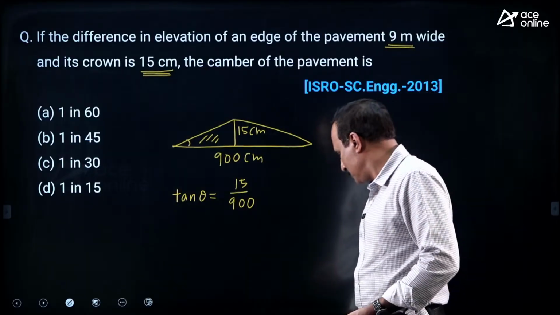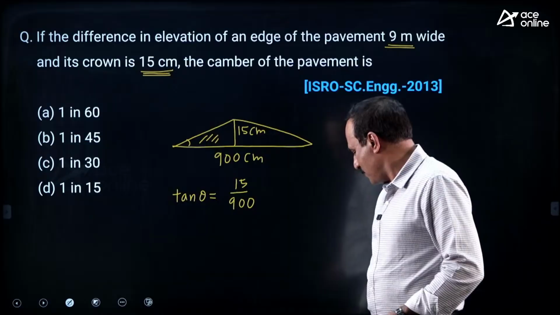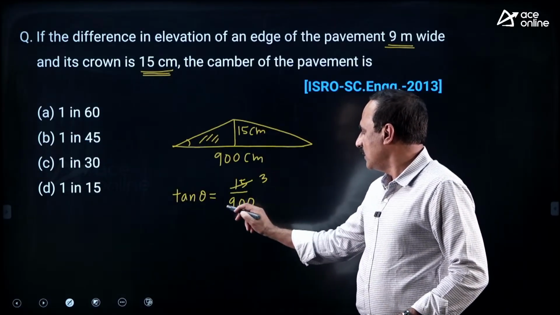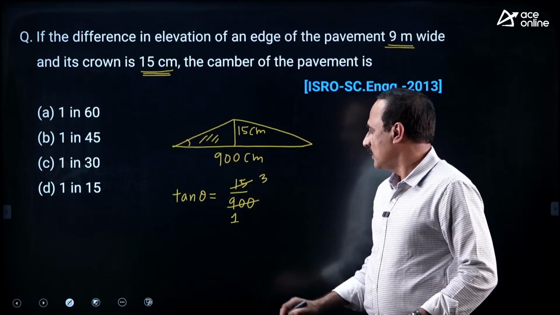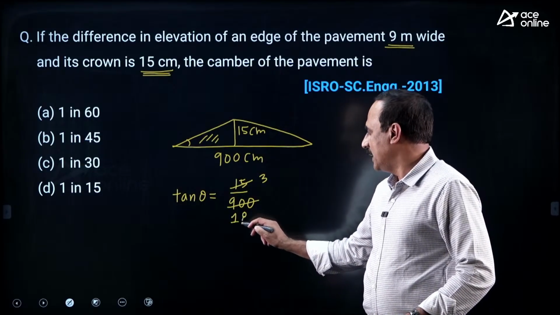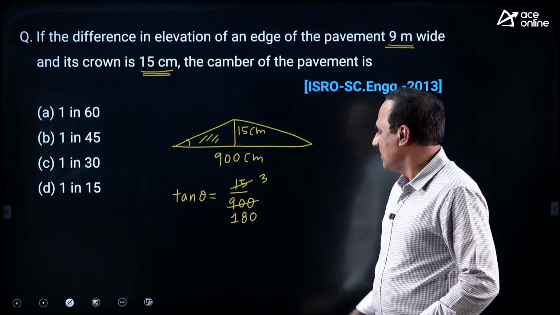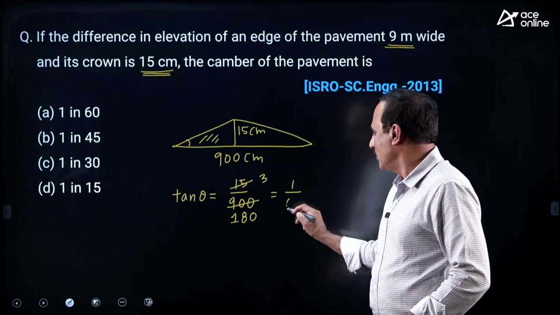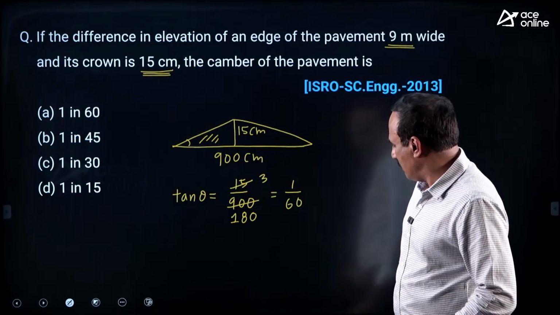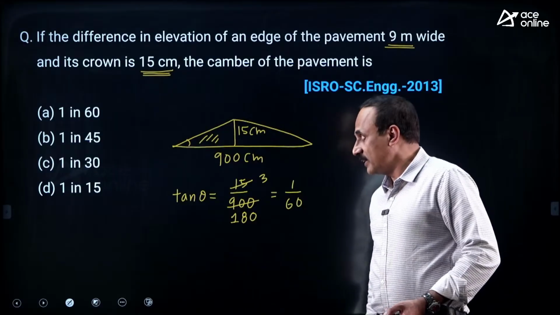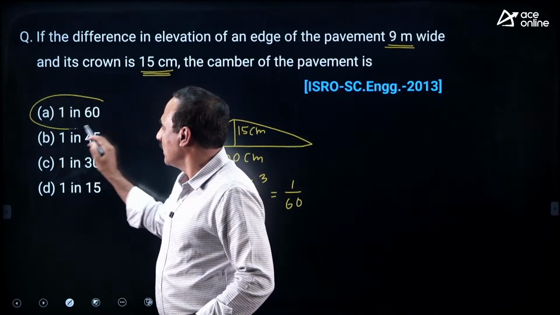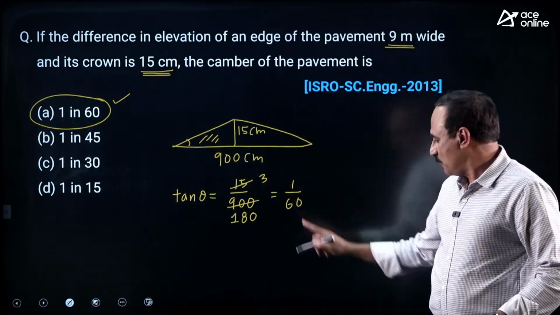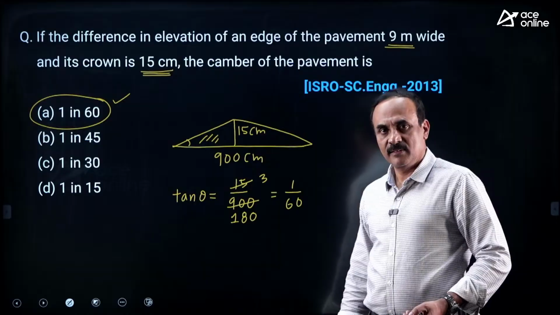Simplify this. 15 by 900 is 1 by 60, then 1 by 60. So what may be the answer? You need to answer it effectively without a calculator. So answer will be option A. Be careful to simplify the things early.